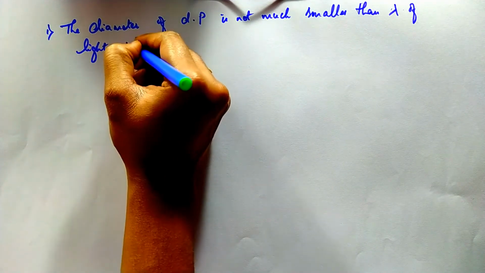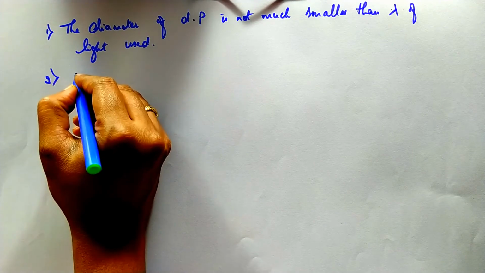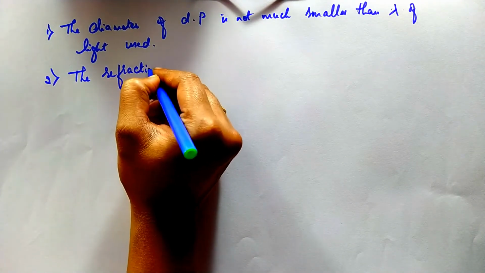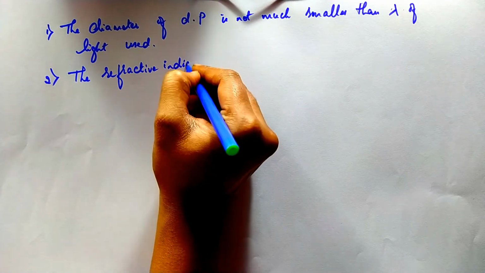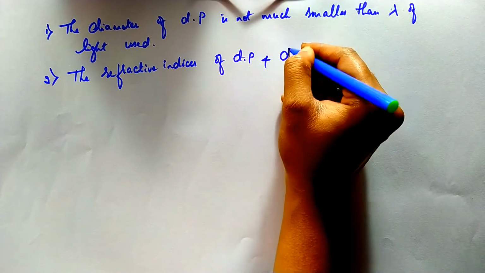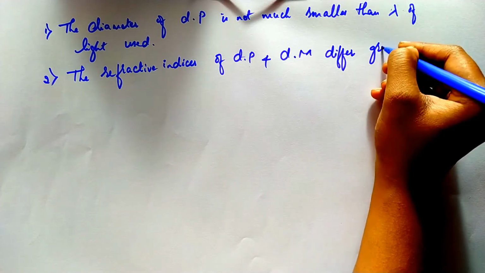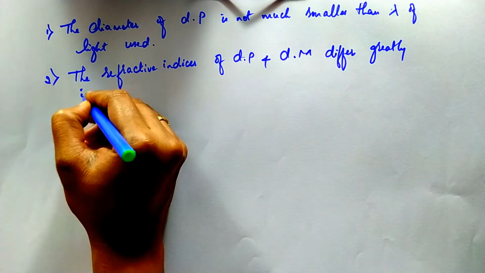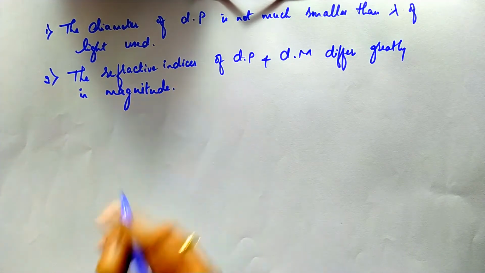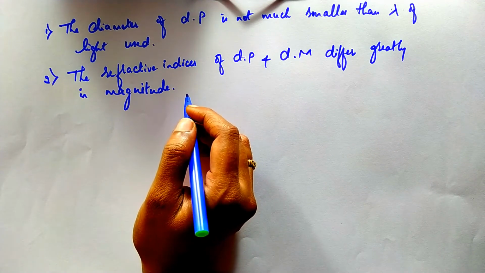This is the first condition to be satisfied to observe a Tyndall effect. And the second one is that the refractive indices of the dispersed phase and the dispersed medium differ greatly in magnitude. These are the two conditions to be satisfied to observe the Tyndall effect.